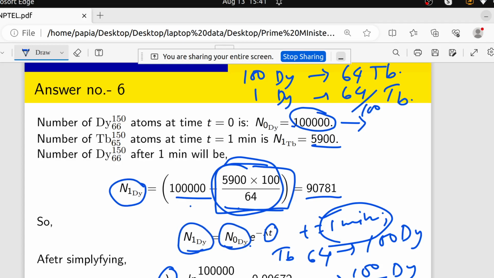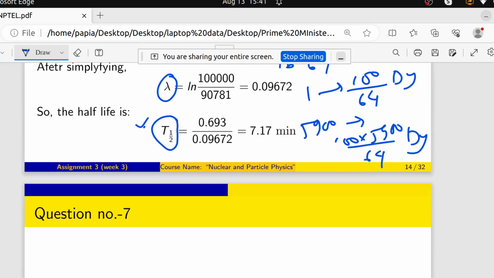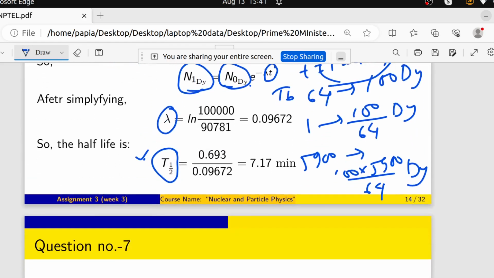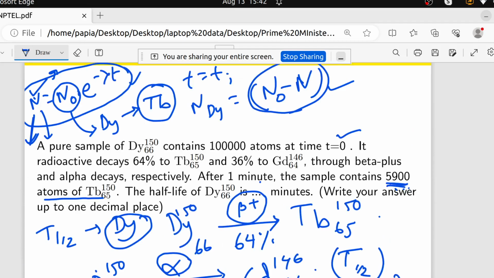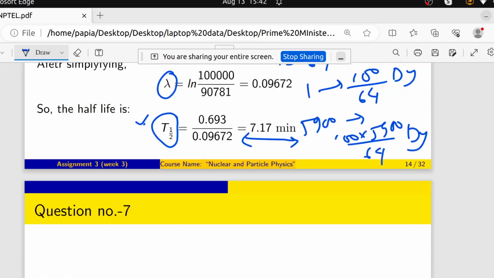If I put all the values, then it will come as the t half value. So we can have the t half as 7.17 minute. Whatever the question was asking, about the value of t half for Dy, this is the answer for that. T half is 7.17 minute.